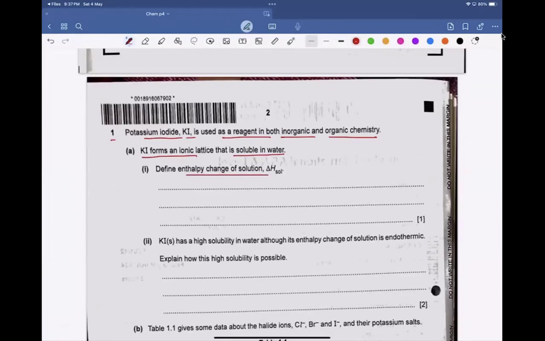So the definitions, as I have told you guys, you need to remember.